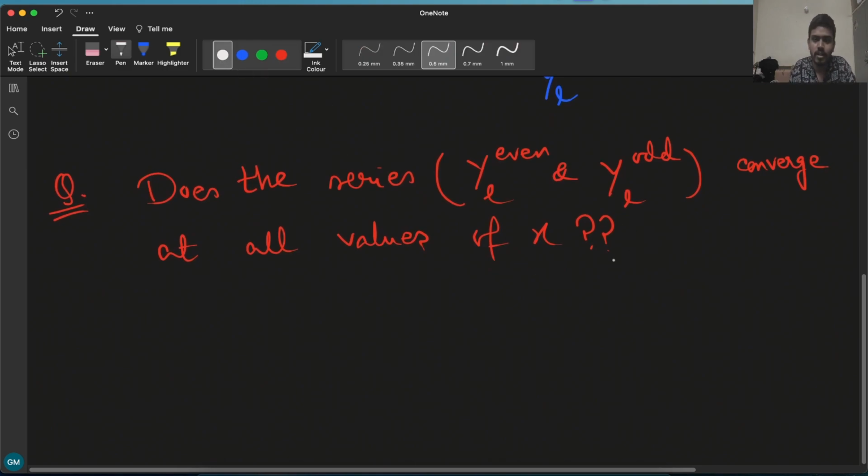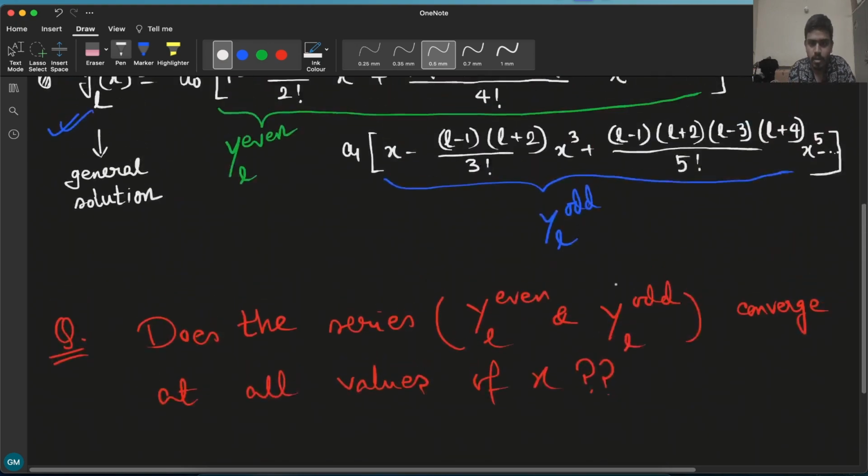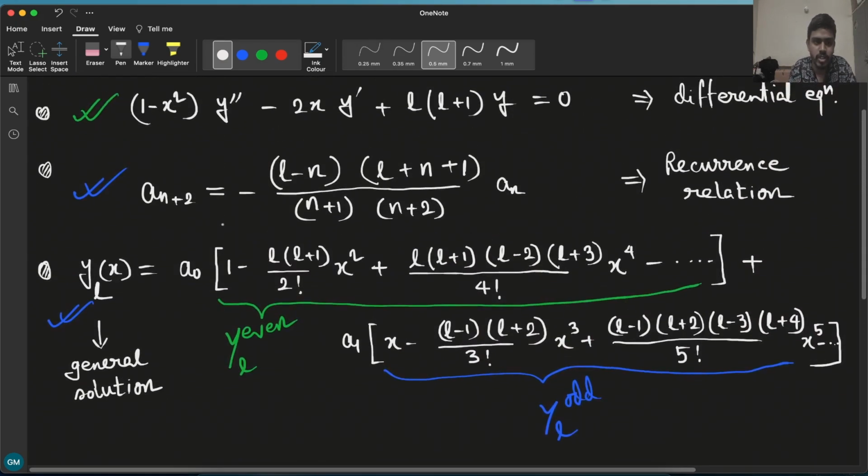So to check whether the series converges at all values of x, we need to do the ratio test. And this is the recurrence relation. For this Y_L series, this recurrence relation connects the nth term with the n plus 2th term.